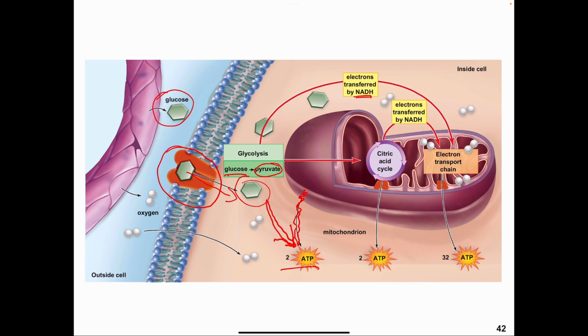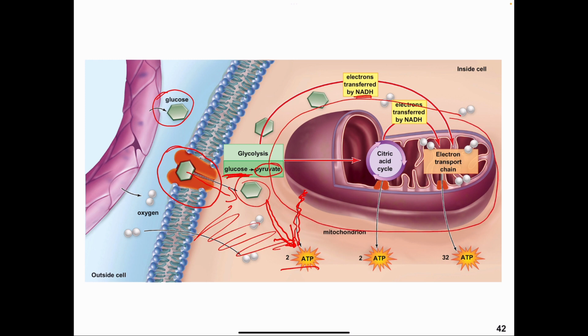It catches electrons that come from glucose and gets them to NAD to become NADH. That's one thing. And then, beyond glycolysis, we are going to have the citric acid cycle and the electron transport chain. Notice that glycolysis occurs in the cytoplasm, while the citric acid cycle and electron transport chain occur in the mitochondrion.